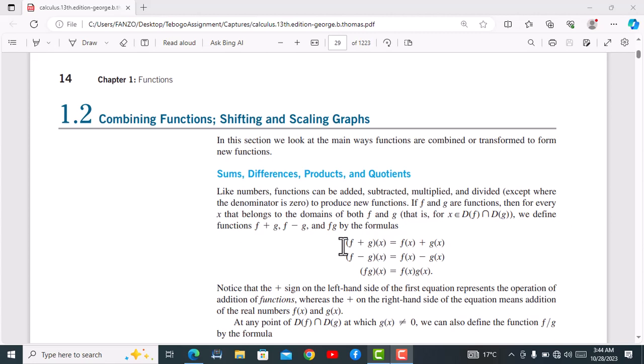Then for every x that belongs to the domains of f and g, that is, x is an element of the intersection of the domains of f and g, we define the functions f plus g, f minus g, and the product by the following formulas. That is just to say you can have a first function and then you add a second function to that.